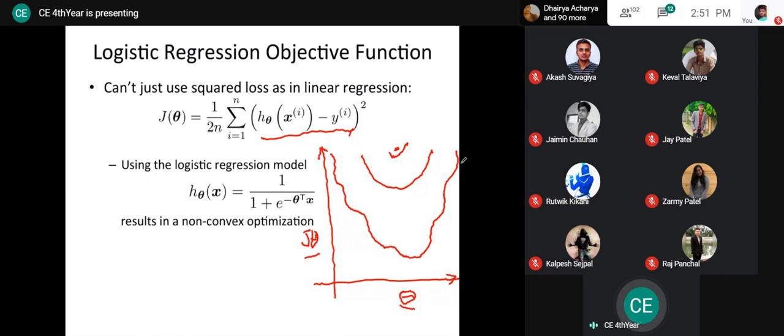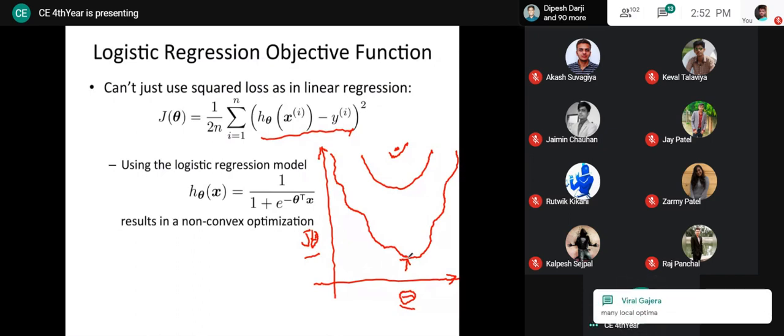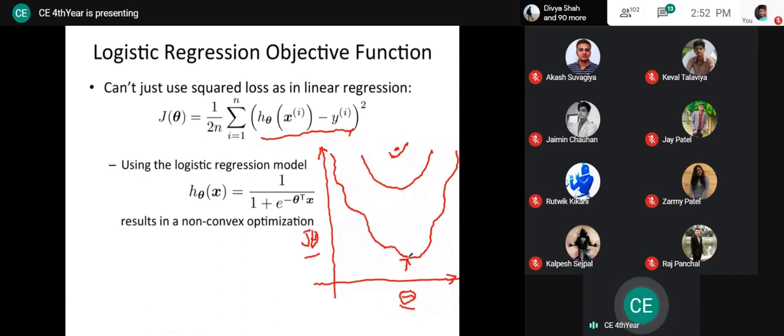So what was the issue with such a graph? We discussed this kind of graph in linear regression also. Exactly, there are many local minima. If you observe, this is one of the local minima.